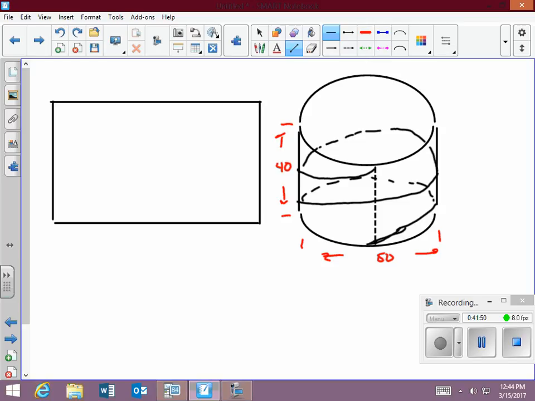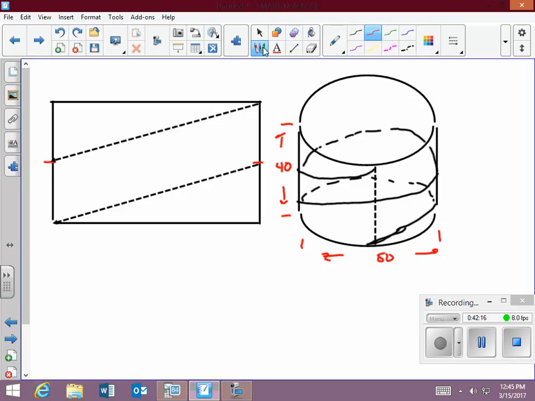Let's see if I can do this. Go halfway down. The stairway is going to be this, and like that. Right? So where your stairway is going to be. Let's see. This length right here is 40.